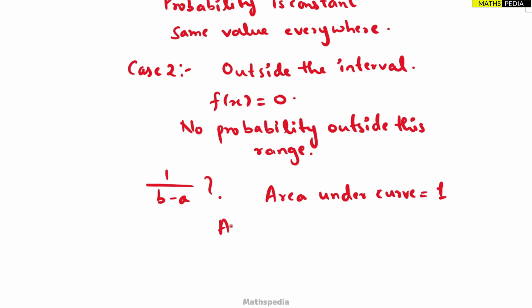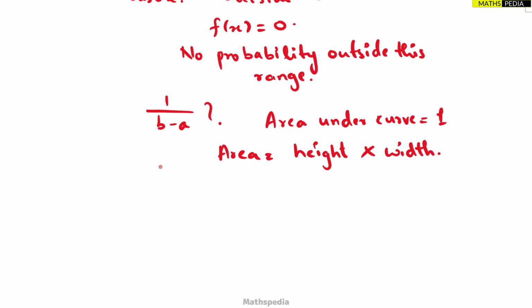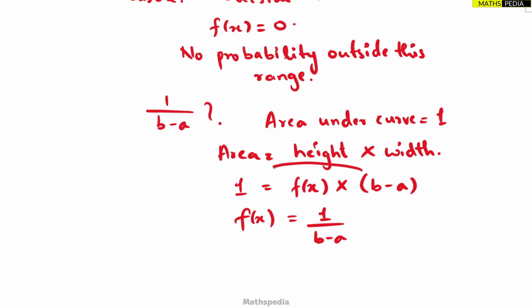Area is the height times the width. The area under the curve is 1, the height is the function f of x, and the width is b minus a. So from here, the function becomes 1 by b minus a.